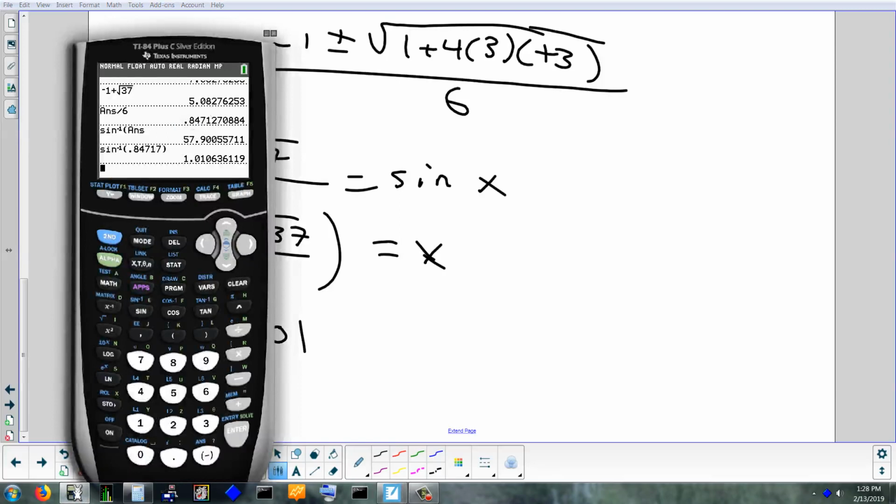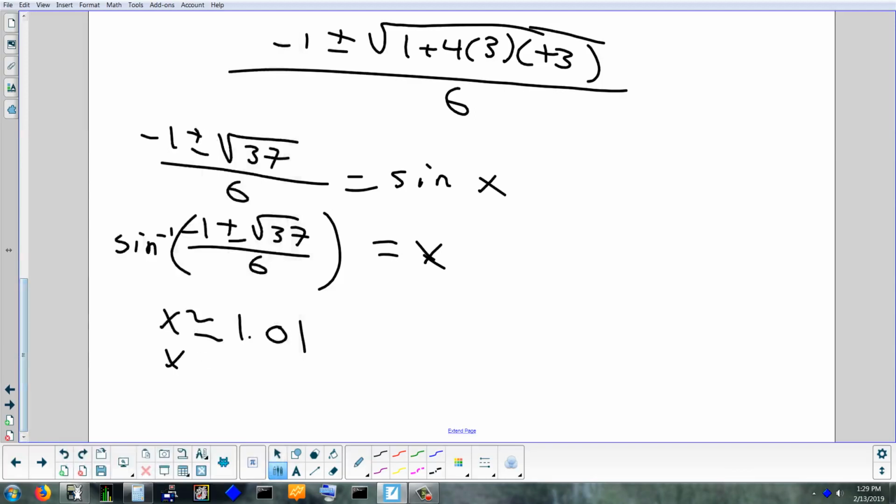Once you have your reference angle, how do you get an answer in quadrant 2? Pi minus the reference angle. Pi plus the reference is for quadrant 3. Pi minus 1.01. You always have to remember to use that chart. 2.13.